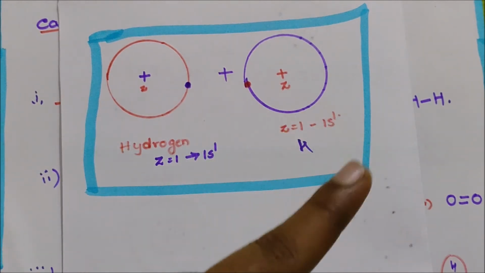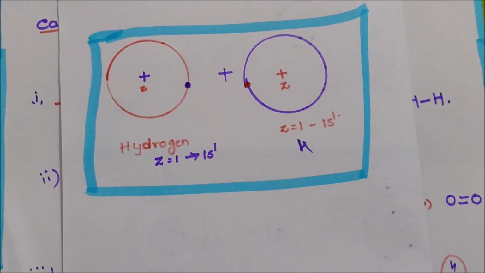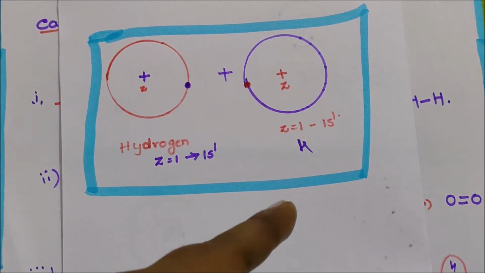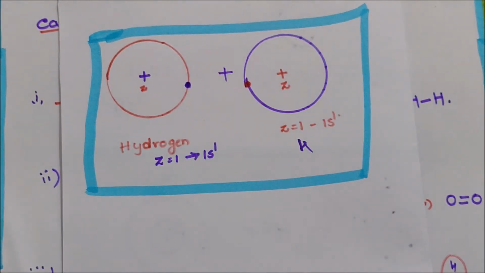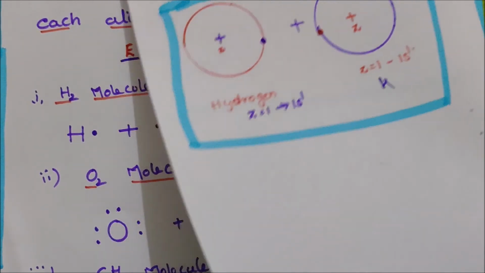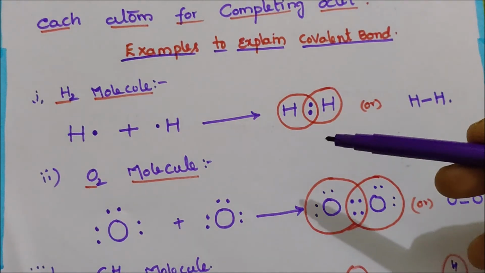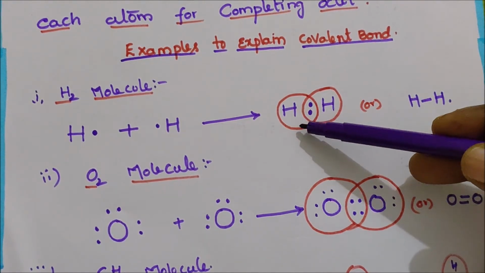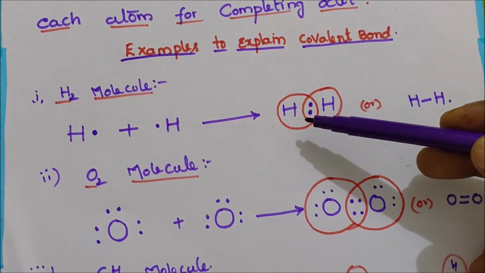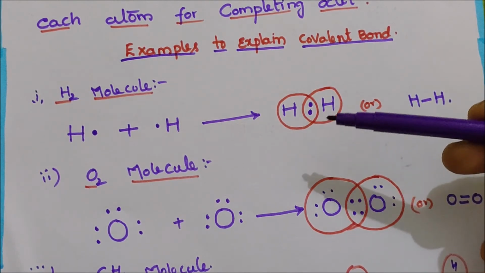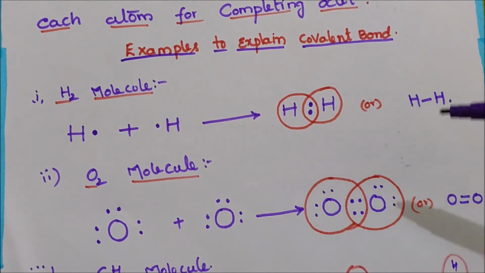So each hydrogen carries one electron, and these two electrons are shared to form a covalent bond. I represented it like the Lewis dot method. Each hydrogen carries one electron, so those two electrons combine to form a covalent bond like this. Hydrogen and hydrogen form a single bond.